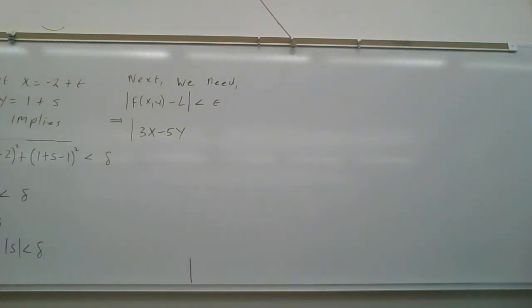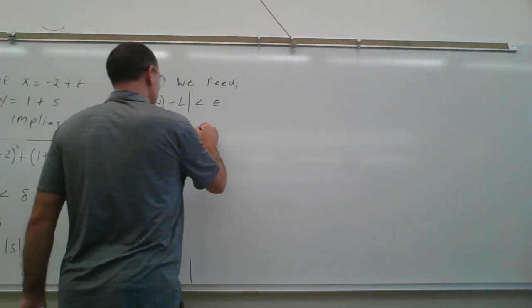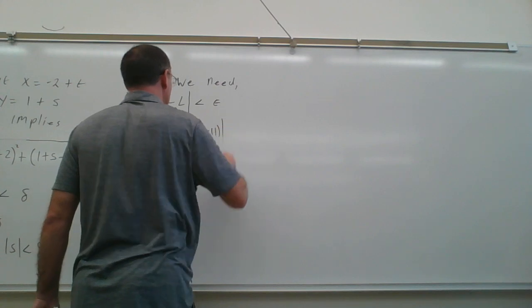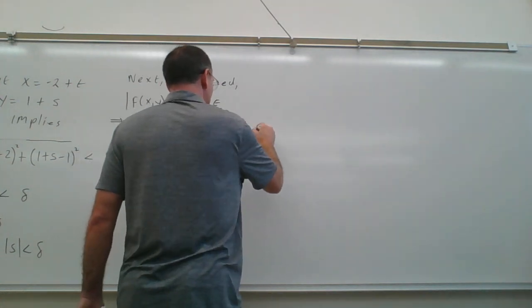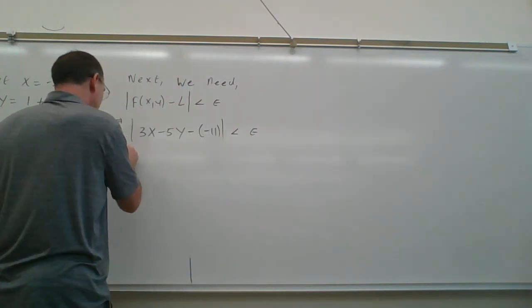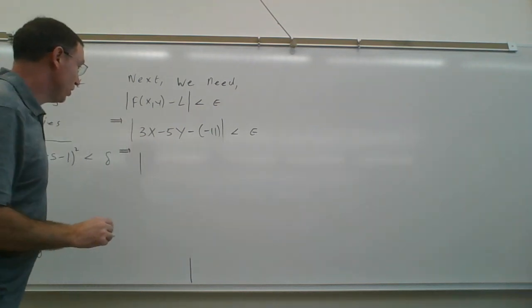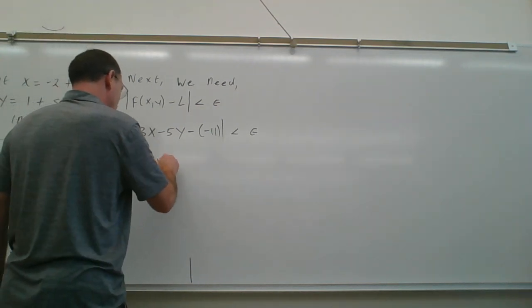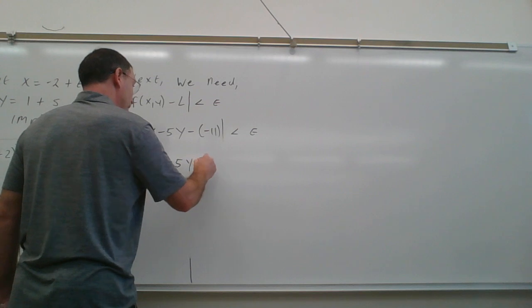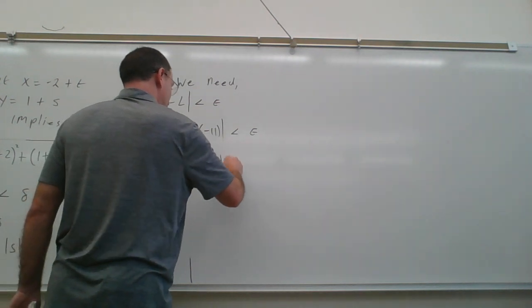And the L was minus 11, so it's going to be minus minus 11, less than epsilon. That implies the absolute value of 3x minus 5y plus 11 less than epsilon.